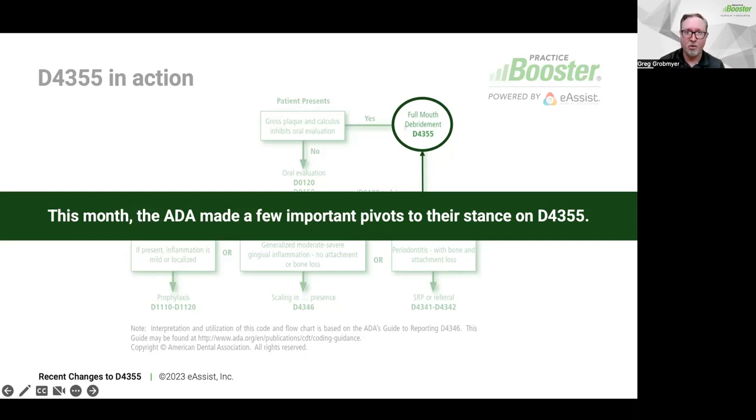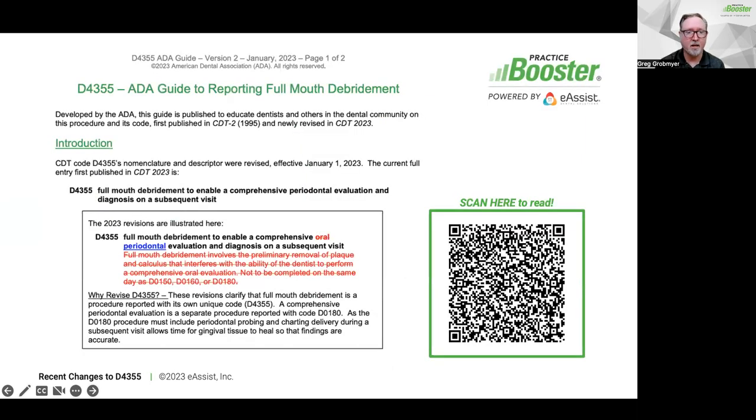As of January of this year, ADA has come out with some new interpretation that makes a lot of the information that is in the print version of Dental Coding with Confidence for 2023 incorrect. So if you've got the digital version or if you've got the code advisor on practicebooster.com, this will be updated automatically. However, if you have the print version of the book, know that there's some incorrect information associated with this code. So let's take a look at that.